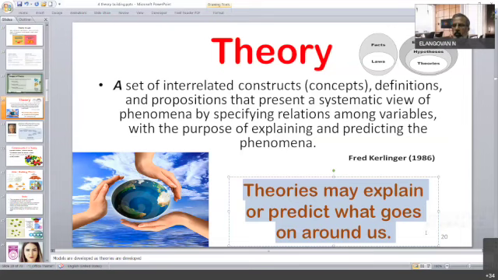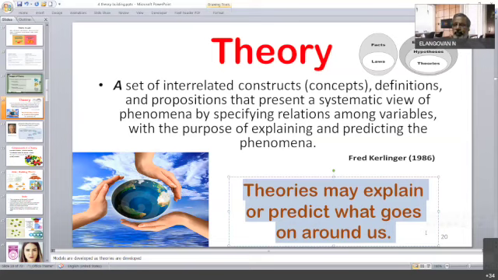The surface water is heated, water evaporates, and it becomes a cloud. So theory is explaining what a particular object or a particular phenomenon is.